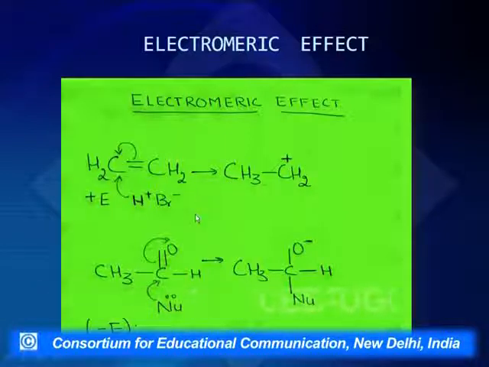Now if we look at the other compound, acetaldehyde, which is a carbonyl compound, here carbon has a slight positive charge and oxygen is more electronegative. So what does this oxygen do? Oxygen pulls the electrons towards itself, as a result of which carbon has a positive charge on it.